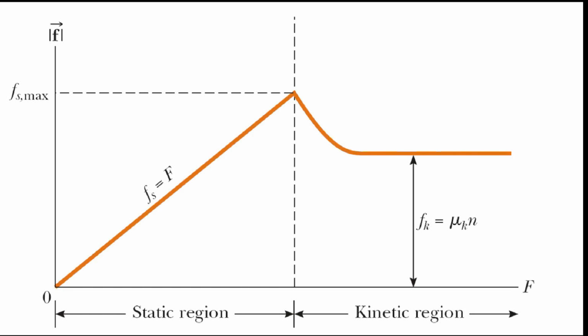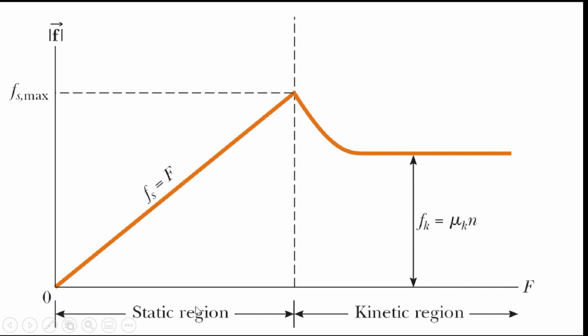The idea here is that you have to apply a greater force if you want to move the object from rest. Once you reach the maximum static friction of the object and the surface, and you break loose, you can now apply a lesser force because the coefficient of kinetic friction is lesser in this kinetic region.